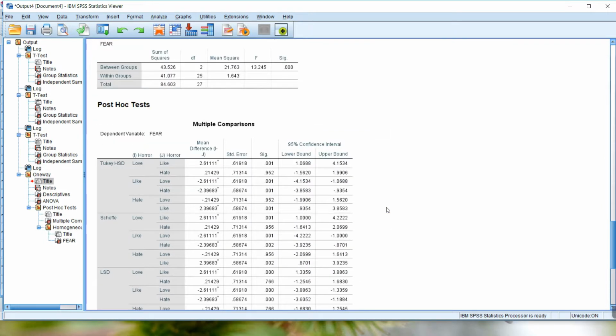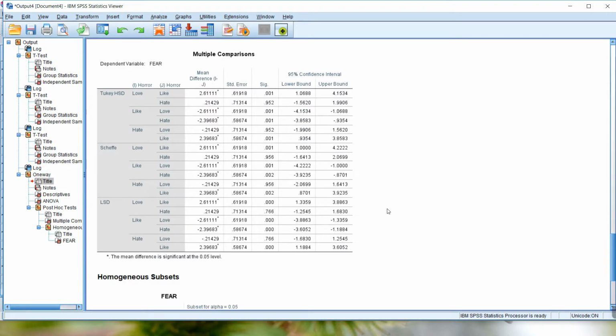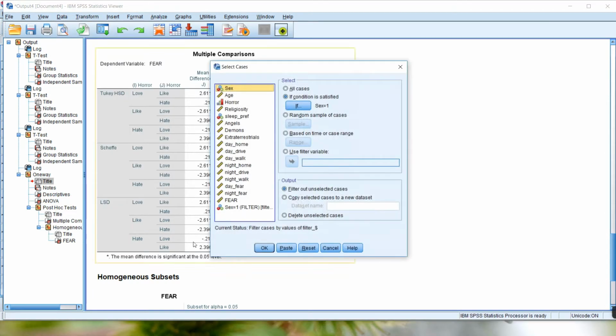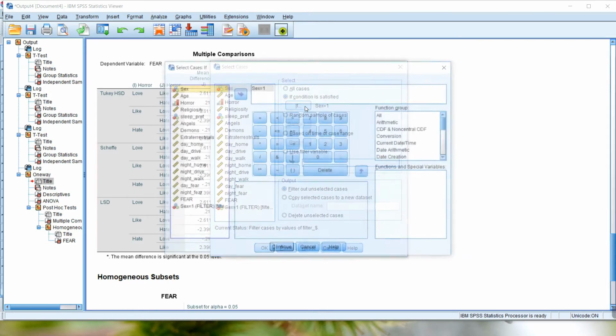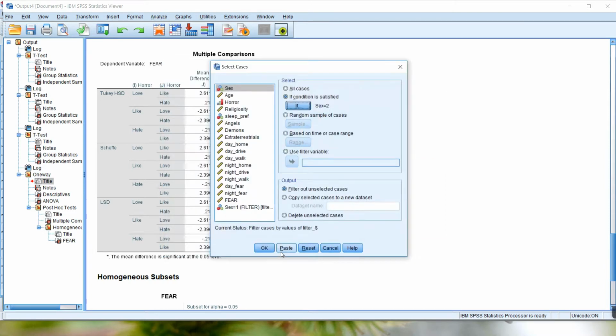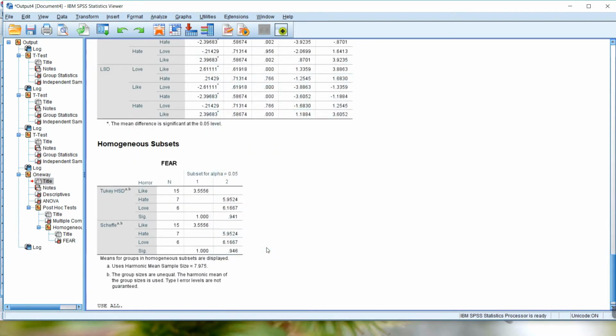Okay, so the last test of simple main effect that we would need to run is to isolate the women and do a one-way independent ANOVA on them. So we go to Data, select Cases, the big if, change sex to 2, so we're isolating the women, hit Continue, then OK.